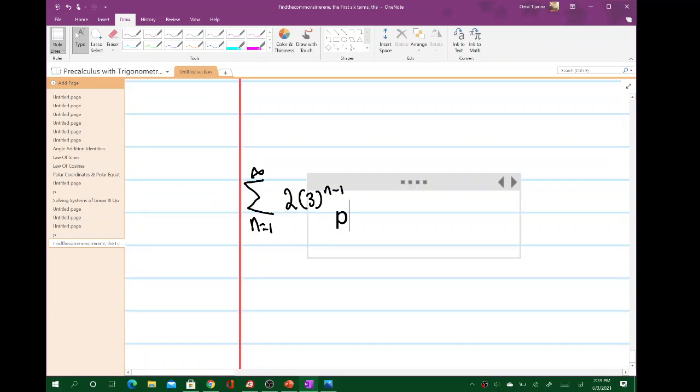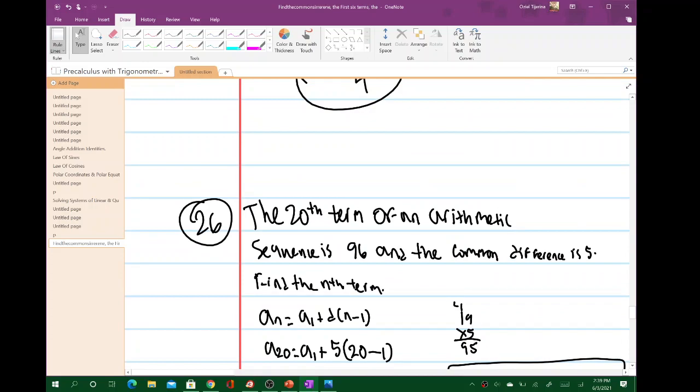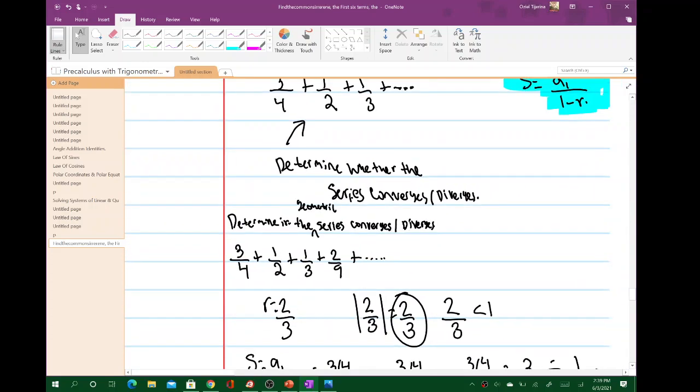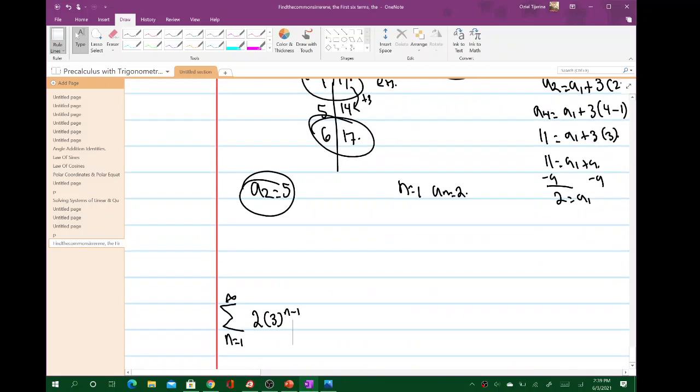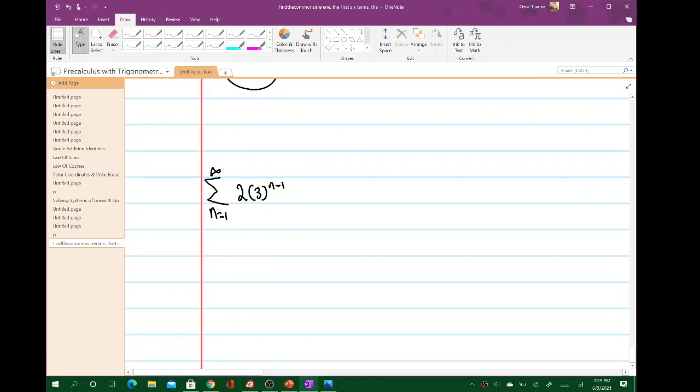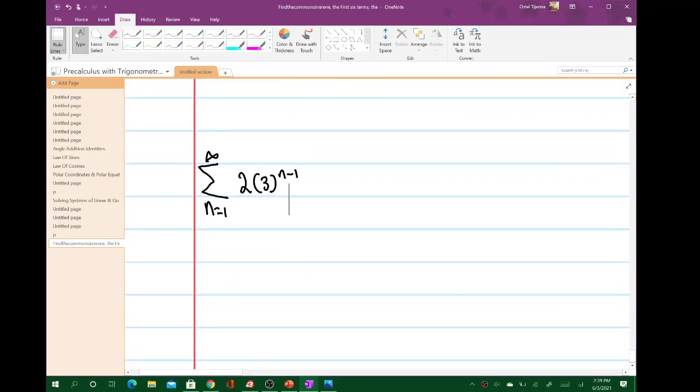Okay? Now let's pretend that I have this problem. This is similar to the other problem that we had over here, where I said, determine if the series converges or diverges, except now, instead of being given a list of numbers or an addition of numbers, we are given this in sigma notation, and now I want to know the sum of this.